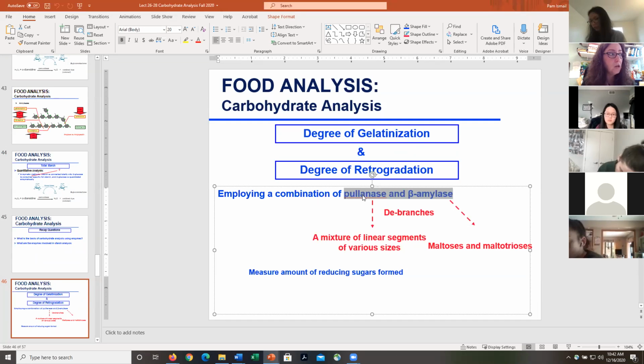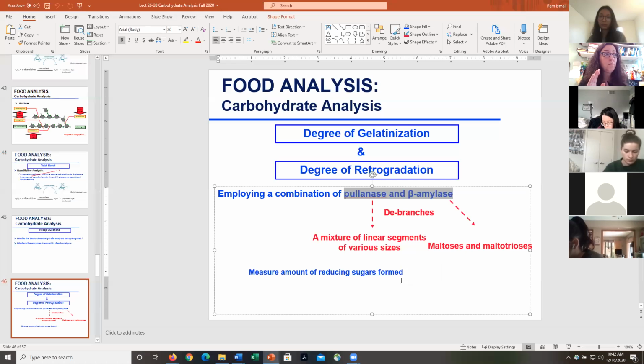Pullulanase is going to debranch, and beta amylase is going to break it into two glucose units, give you maltose and maltotriose. These are reducing sugars, and then you can measure the amount of reducing sugar formed by Somogyi-Nelson, for example.